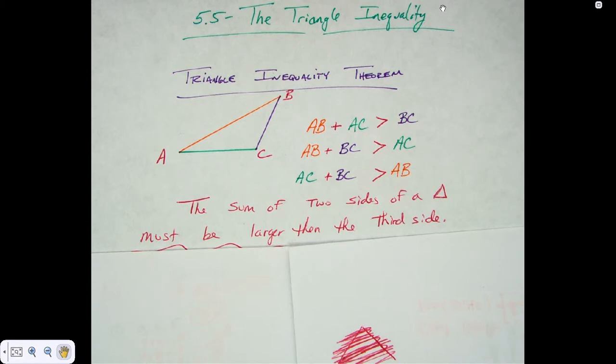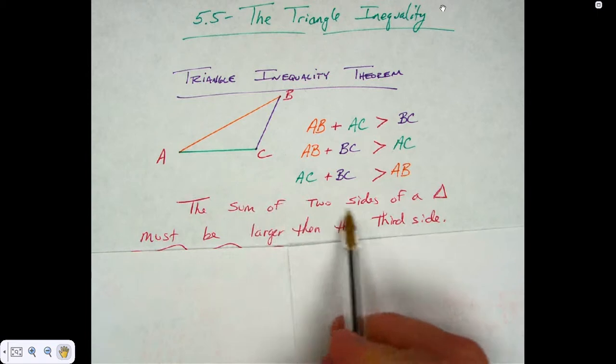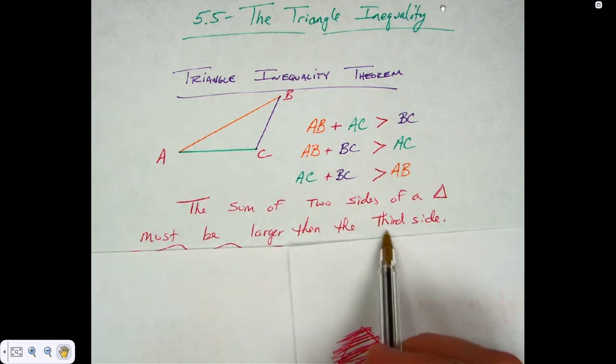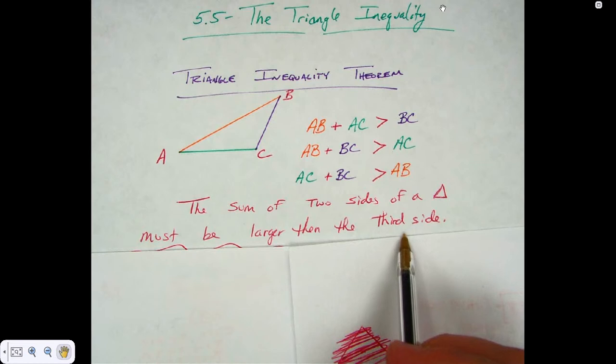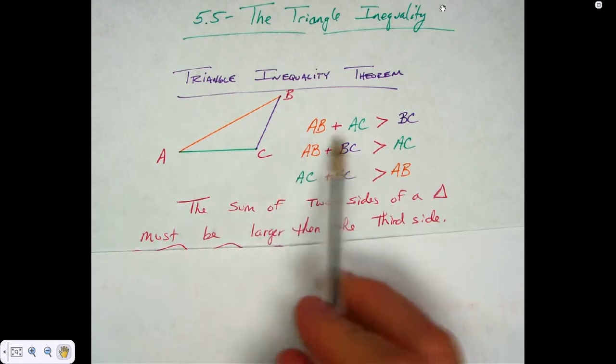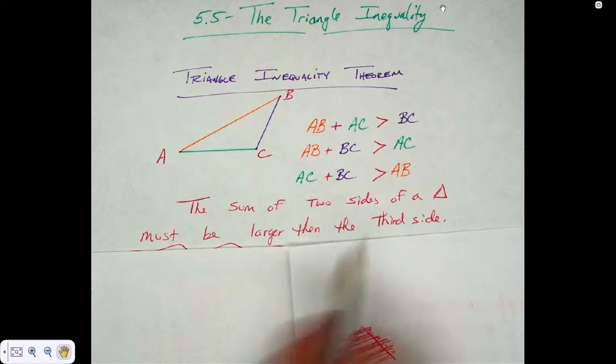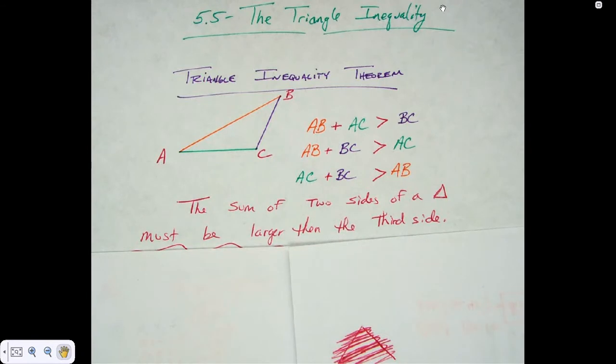How many sides of the triangle am I speaking of here? The first two, and then what's left? Only the other, or the third side. So that's what I mean, the sum of these two sides must be bigger than the other third side that's left. You call that the third side because you already have spoken about the first two, haven't you? That's what that means. Make sure we have that written down.